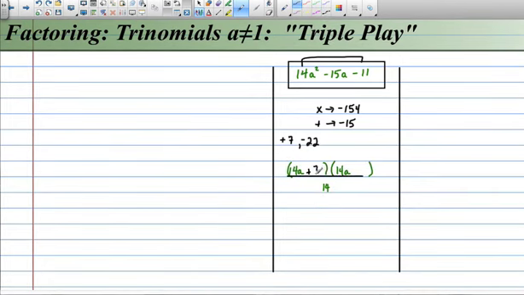Insert the numbers you found. Look for a common factor. Now in this case, we don't have a common factor of 14 here, but we'll have to take out a common factor in both sets of brackets. So we're left with 2a plus 1, and take out a 2, 7a minus 11, divided by a 14, and cross off the 7, 2 to make that 14. And you're left with 2a plus 1 and 7a minus 11, the two factors.